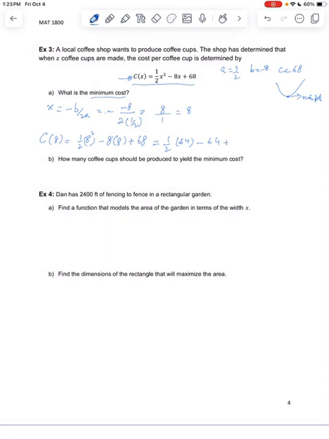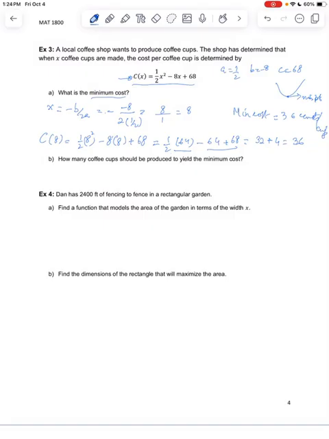So the first term will become 32, and then these two combined together give me 4. So I have 36. So the min cost is equal to 36 cents per cup. It cannot be dollars. So that will be the answer for the first part.